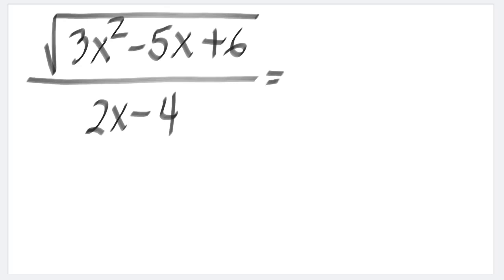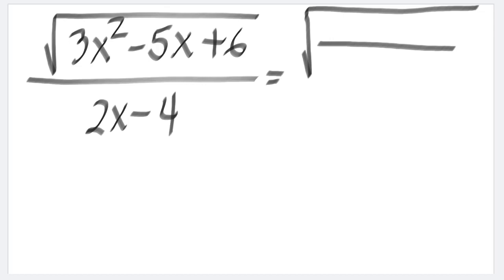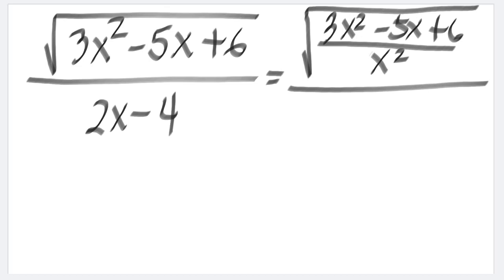So you divide it by square root of 3x squared minus 5x plus 6 over x squared, x squared. But here, what you divide at the bottom is no longer x squared but only x. So 2x minus 4 over x, so that nothing is altered in your equation.